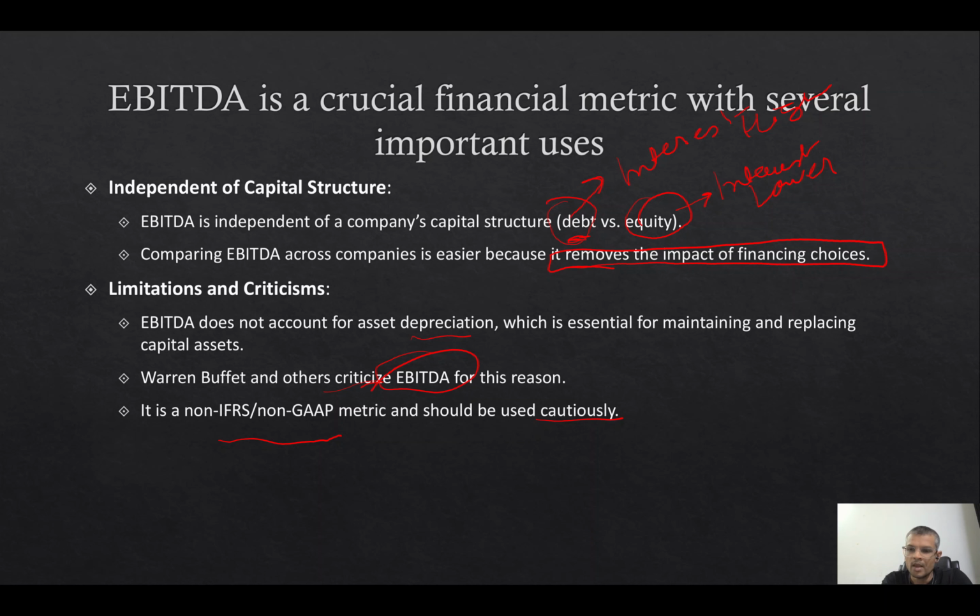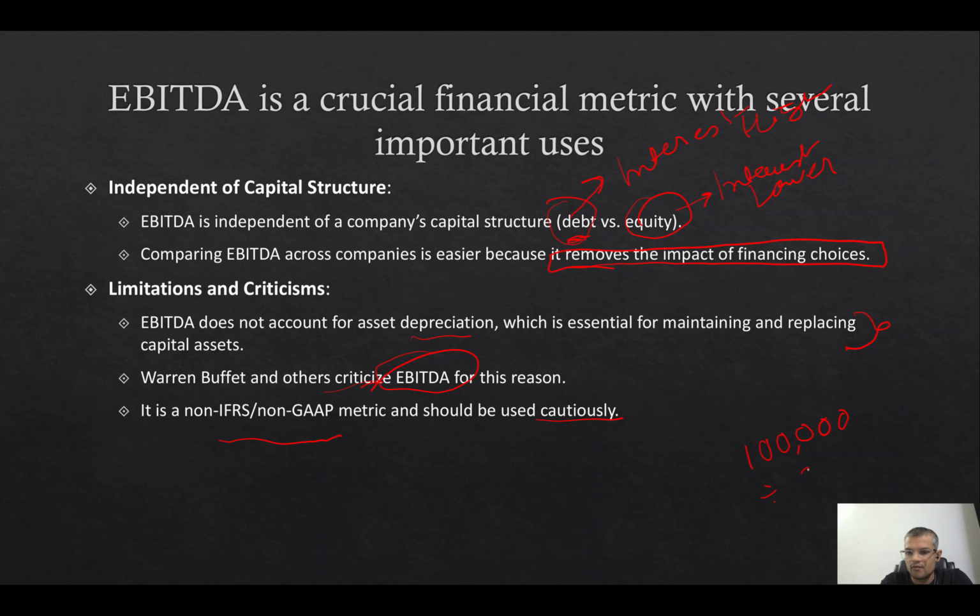For example, suppose you bought an asset, machinery of 100K, with a useful life of 5 years.